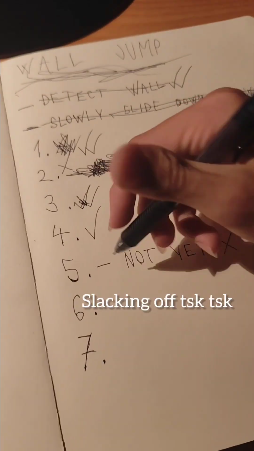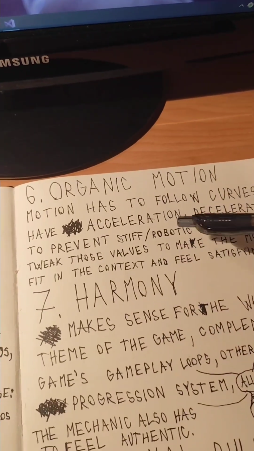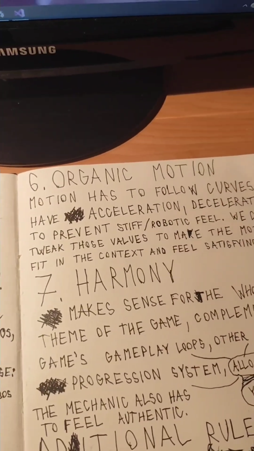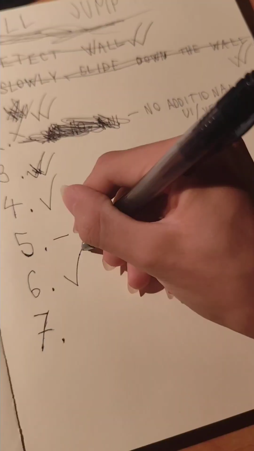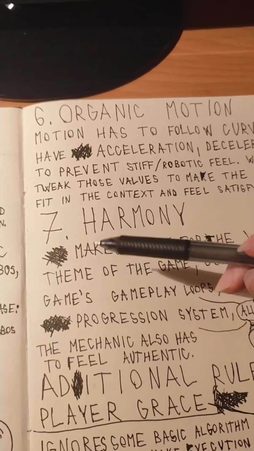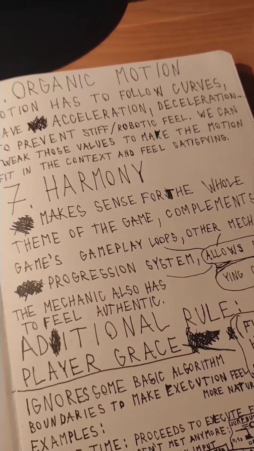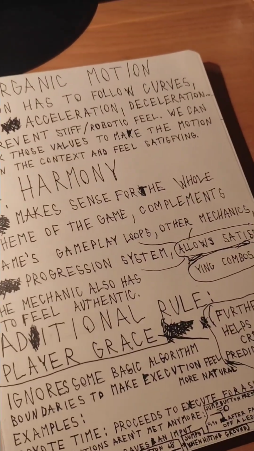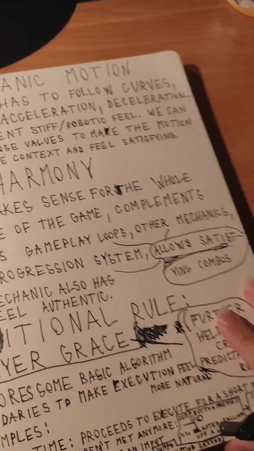Then sixth rule, organic motion, which yeah, it's jumping, gravity applies to it, everything is pretty much organic. Harmony as a 7th rule, and I would say it feels about as smooth as every other movement in the game, so it pretty much works.